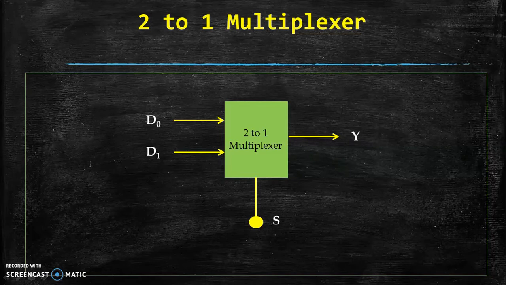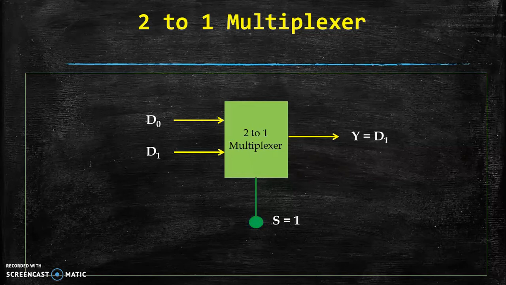Now let us simulate the circuit and then it will be very clear to you. We have S equal to 0. So the D0 input data is transferred to the output. So Y is equal to D0 when S is equal to 0. Now let us simulate S equal to 1.